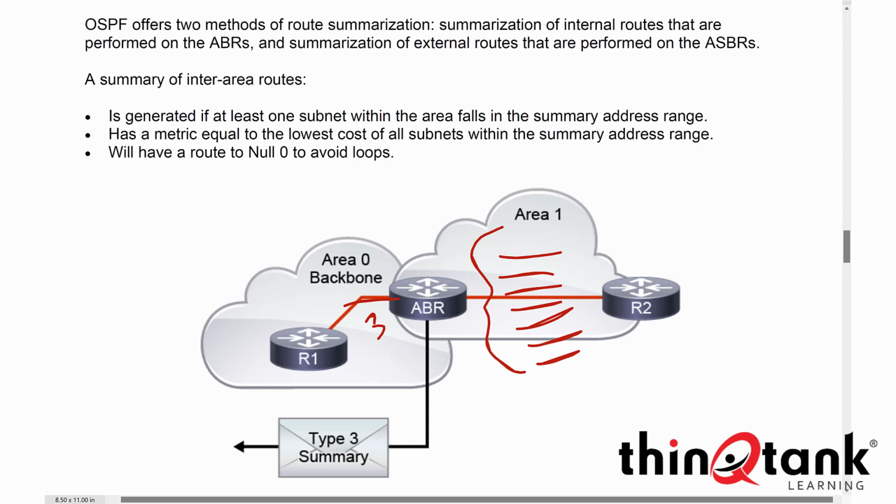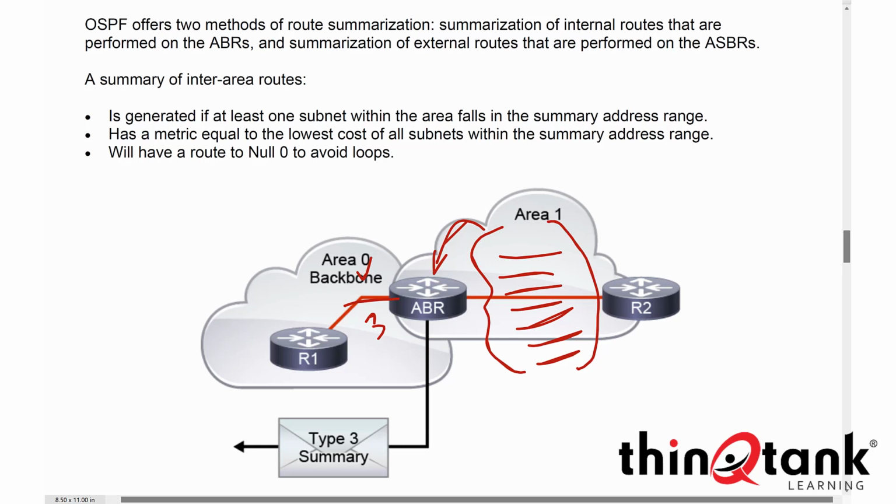In order for this summary to be generated, we have to have at least one route that's available in the global routing table of this router that is part of that summary. So if I'm summarizing these 7 networks and 6 of them go down, I will still be generating the summary because I still have an active route, albeit a longer prefix.